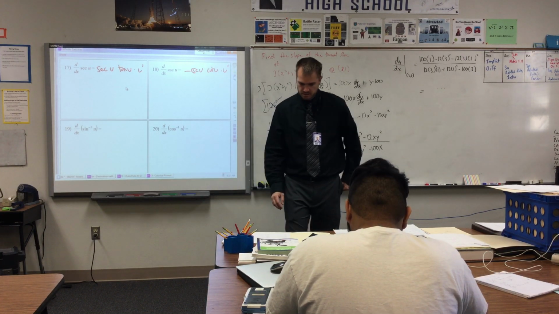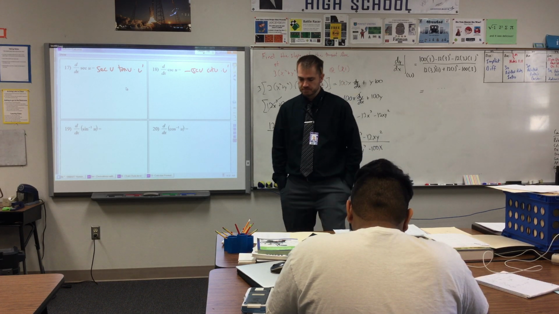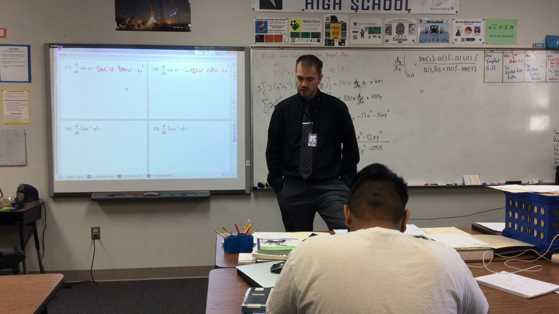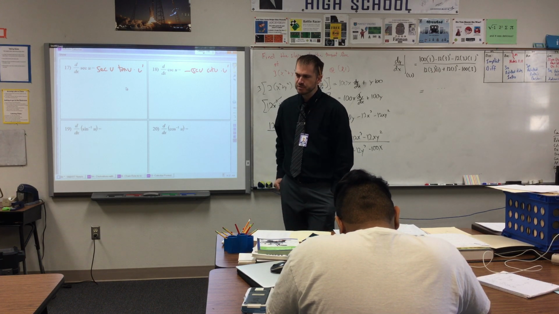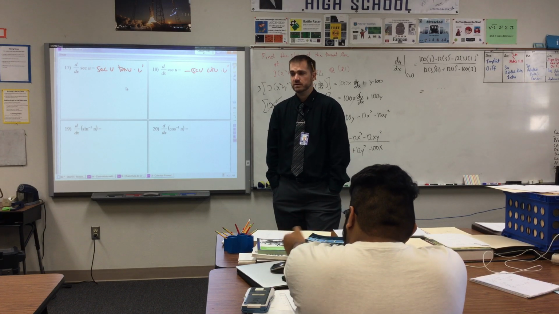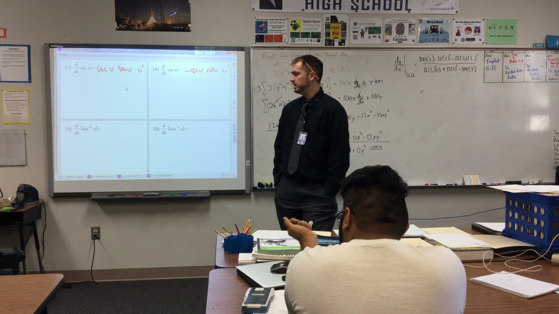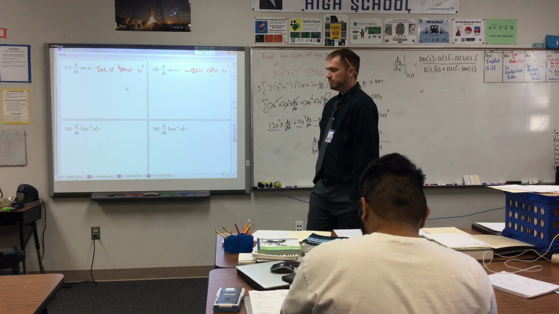And then the last 6 are the inverse functions, which we do not know yet. Hopefully we'll get to those. Those are more for, believe it or not, a Calc 2 type of thing. But we might get to a little bit of them. We'll see. It's pretty cool. So we know quite a lot.